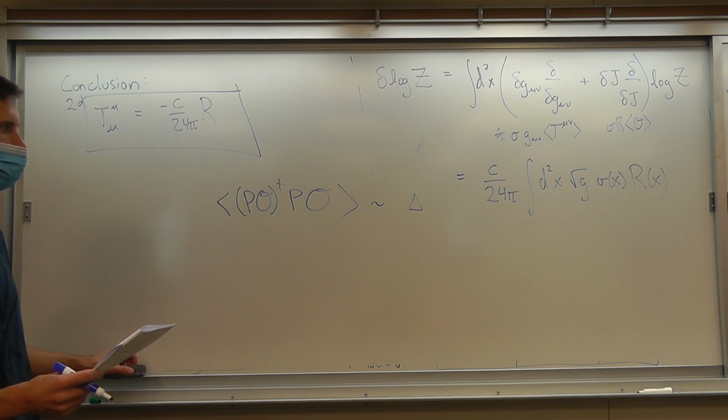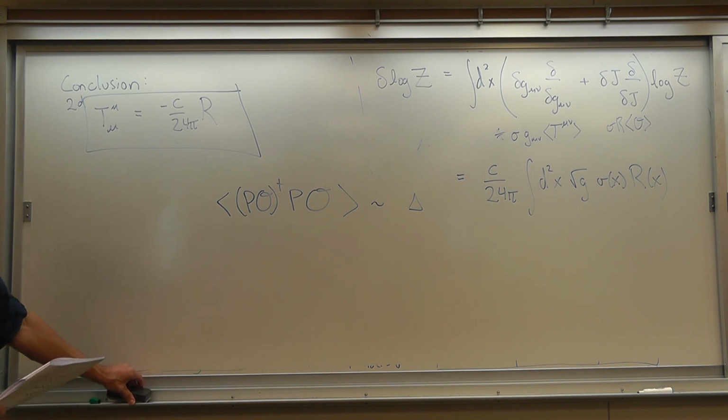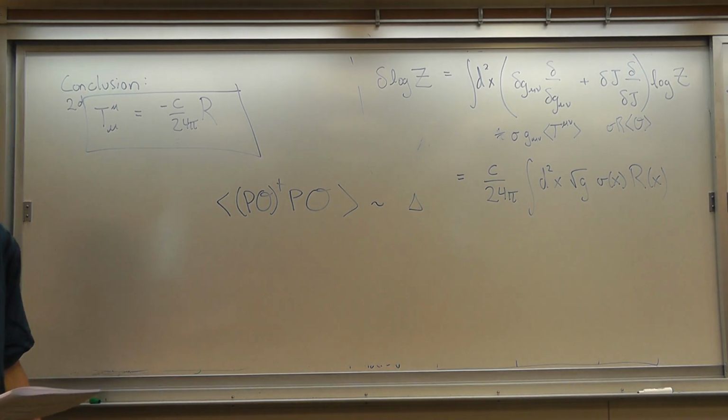By a local operator, you mean one that satisfies, in Lorentzian, light cone commutation relations and stuff. Light cone? What does light cone have to do with it? They commute when they're not in each other's light cone. Yeah, that's right, that's what you mean by local.